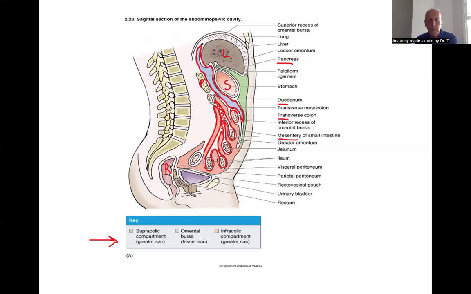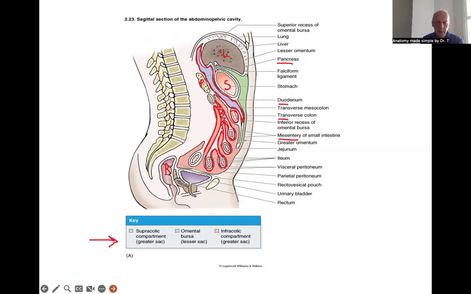The blue-colored omental bursa is practically one enclosed part of the peritoneum, practically like a bubble, but don't worry, it does have its access, entry and exit point at the same time, so it's not something that has no beginning, no end. It is just a compartment or a segment of the peritoneal space, which is deep to the stomach or posterior to the stomach, and it is called the omental bursa, or it is named as the lesser sac.